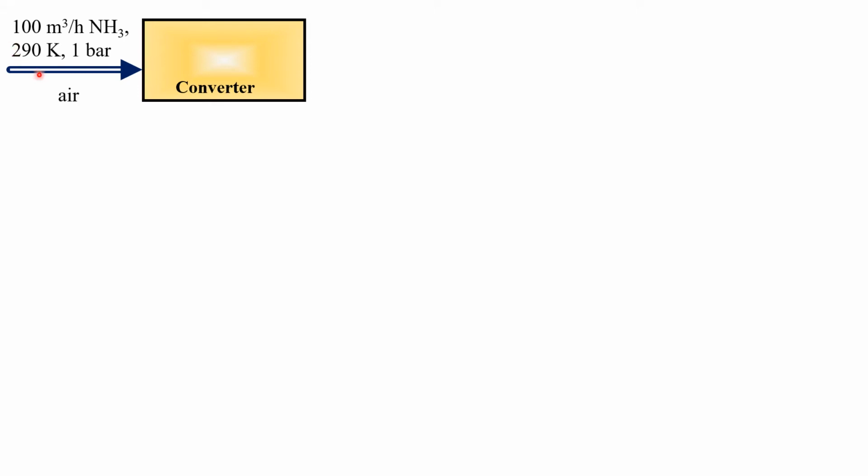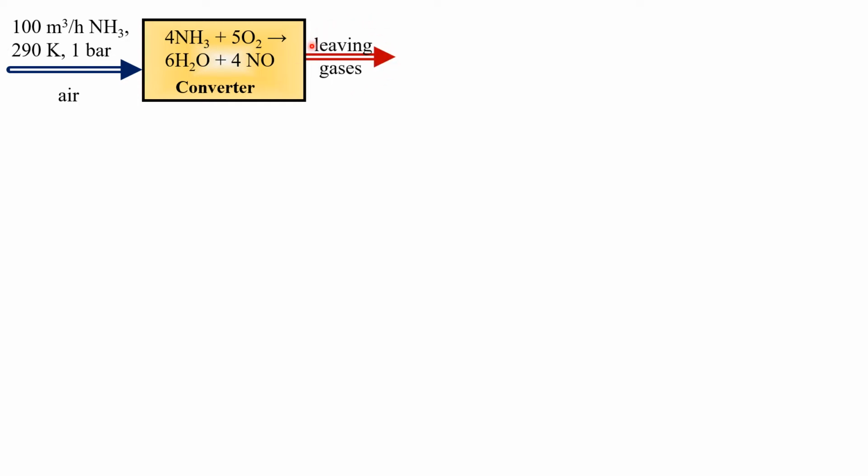Ammonia is the entering gas as well as air, and the conditions at which ammonia is entering the converter are also given, that is 100 meter cube per hour, temperature 290 Kelvin, pressure 1 bar. And the reaction going on inside the converter is also given. So ammonia is reacting with O2 and giving H2O and NO.